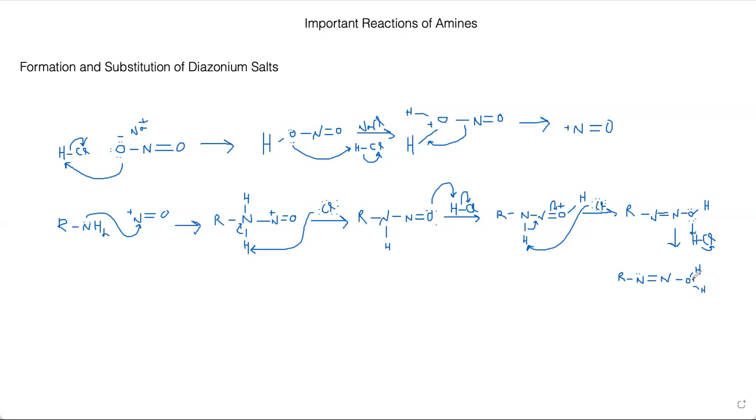Positive charge on this O. So then we're going to have some internal rearrangement, movement of electrons there, and we're going to kick off our leaving group, which is the water molecule, leaving us with our diazonium salt, which is an R group, and then two nitrogens triple bonded to each other. Positive charge here, and then a Cl minus for the salt part.